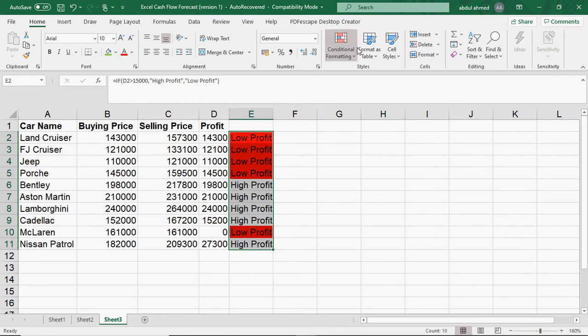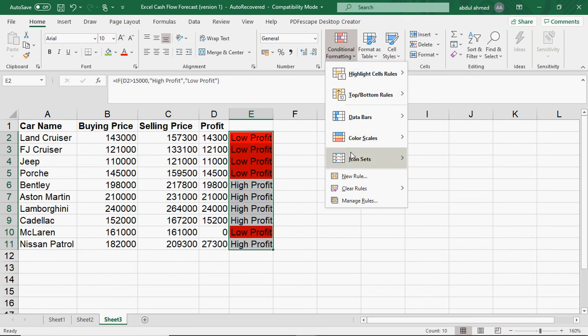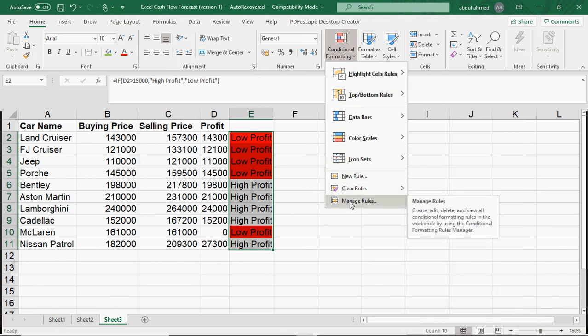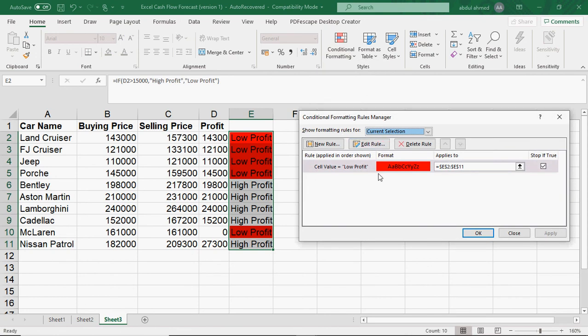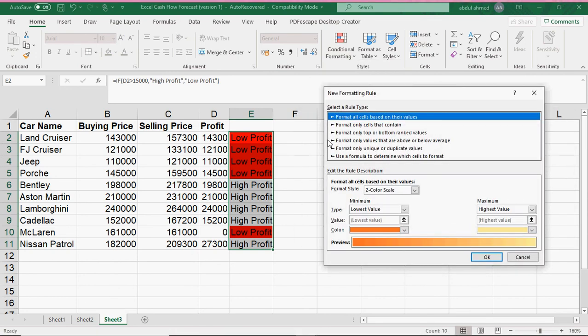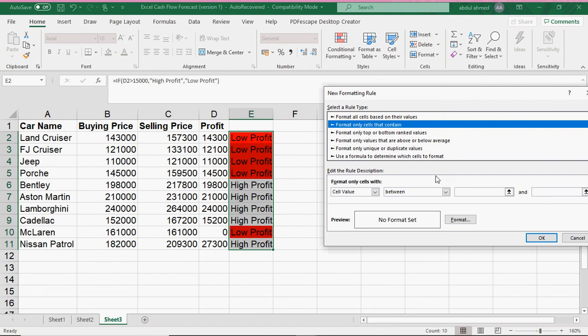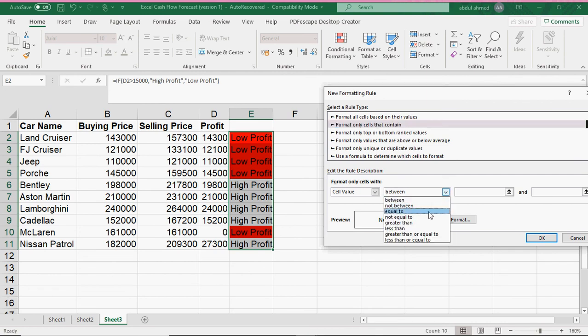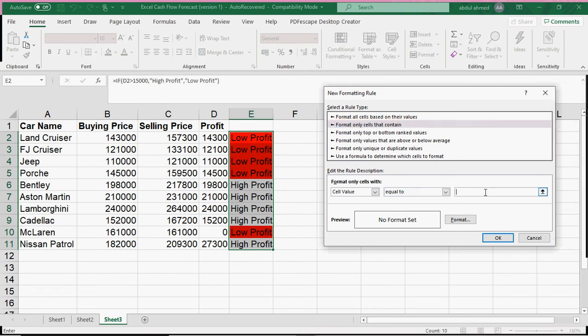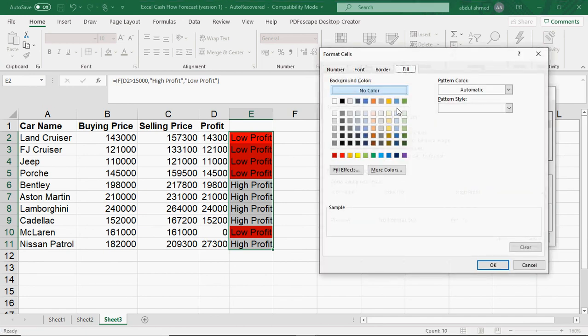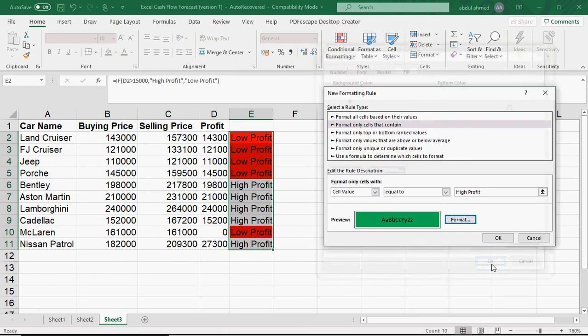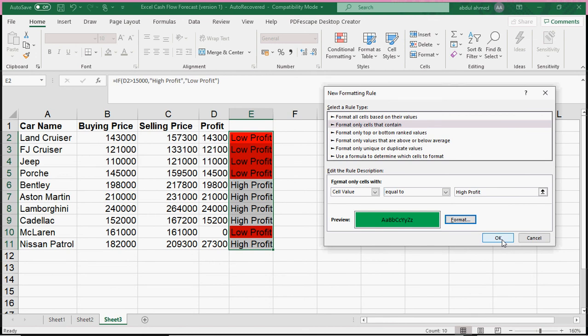So once that is done, I go back here and instead of saying new rule, because I already have a rule, I will say manage rules. Okay, you can see one is here. I add a second one, same second choice, and cell value is equal to, now I'm going to say if it's high profit, I want the cell to be filled with green because I want to see which cars are doing well visually, quickly, without having to look at numbers.